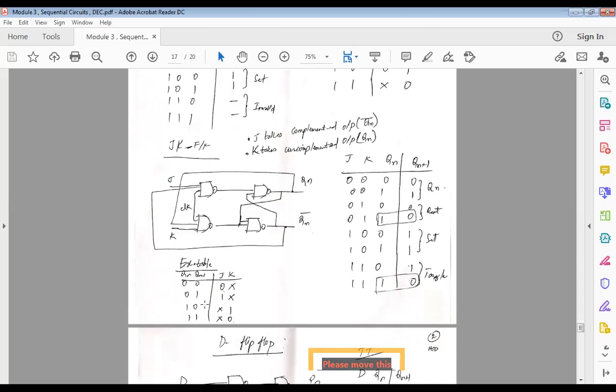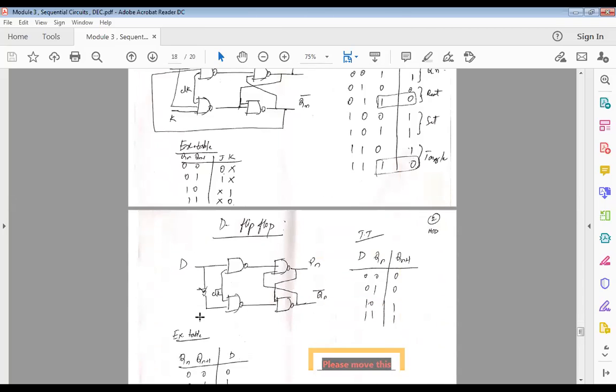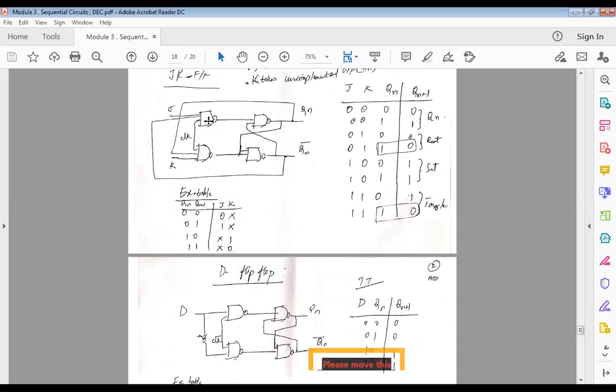Now, if you can see the D flip flop, the same cross coupled configuration, and here clock, but then one of the input terminals is complemented. Here separately we have J, K, and then Q is connected along with K, and then Q bar is connected with J's NAND gate.